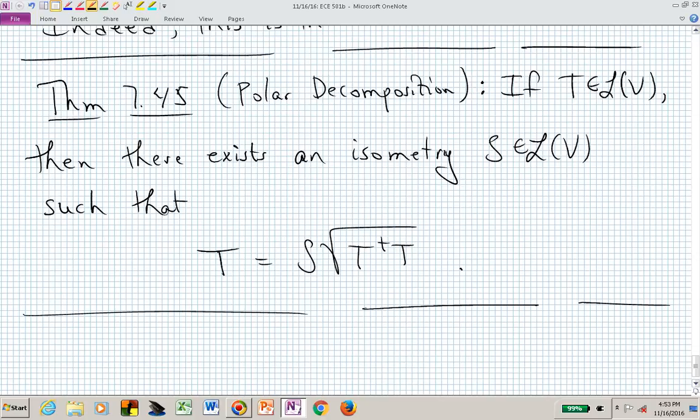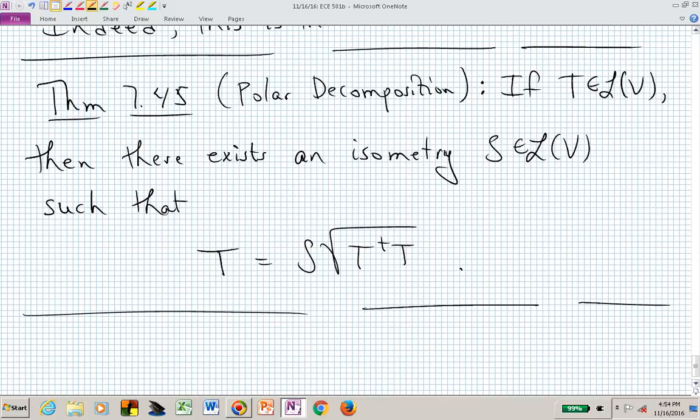And this is kind of an involved process, but let's just try to keep track of what we have. If we've now decomposed this operator T into two parts, the left piece in this is an isometry. That's a direction piece. So we're going to have to show that S is an isometry, which means it's just dealing with direction, isn't it?